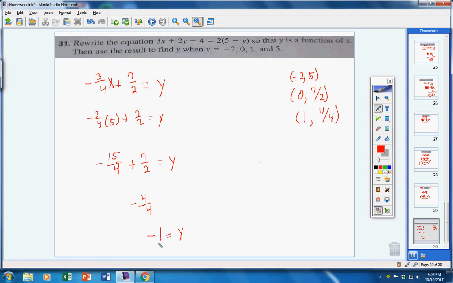But let me check that real quick just to make sure. I think I made a mistake here. Yes, I did. Sorry, students, trying to do that in my head. It would be a 14, a -1/4. There we go. So when you put in a 5 for x, you got out a -1/4. Okay? And that's it, guys.